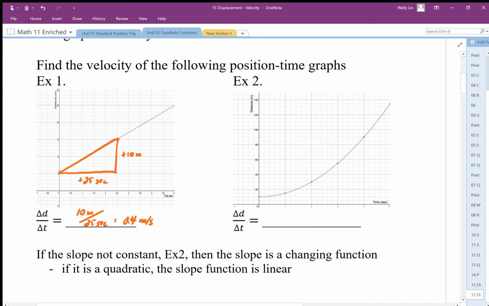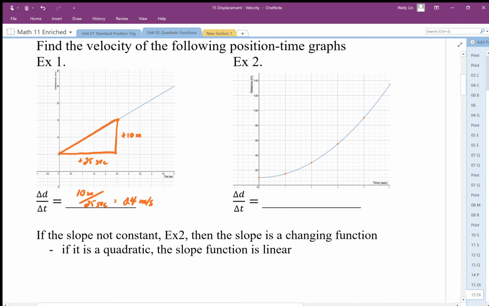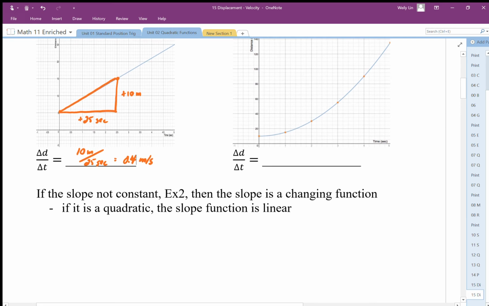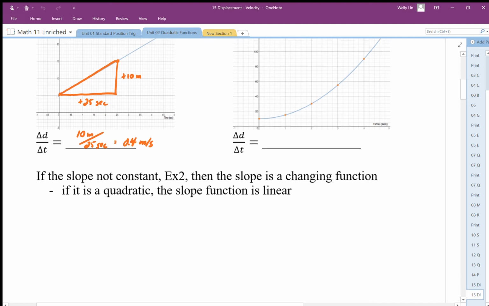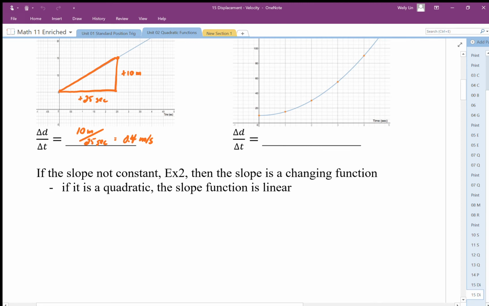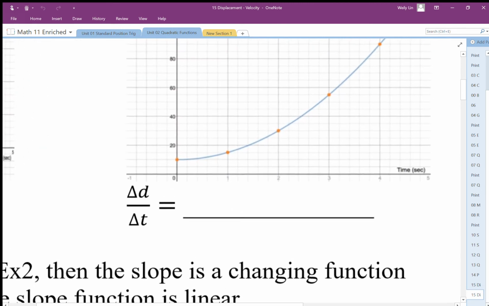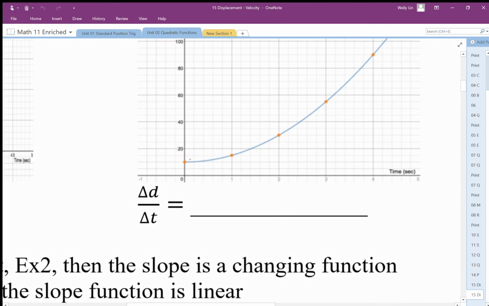So how do we go about doing this? Well, we can do what we did before. We can take the average slope between 2 points and see if we can come up with a function. We know the function is probably going to be linear. So I'm going to find the slope between these 2 points.